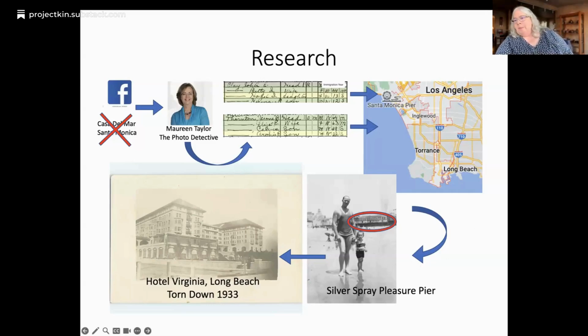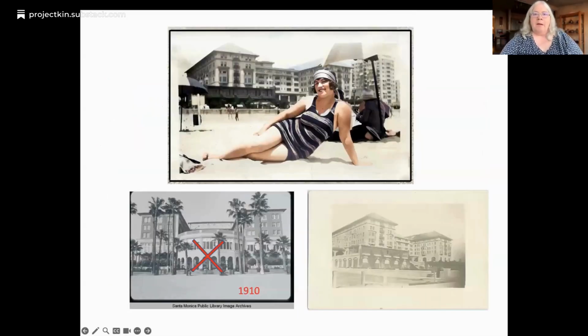So on the top is the Bathing Beauty picture and the Mystery Hotel. On the right is the old postcard that I found. That is indeed where the photo was taken. And I also solved the mystery of why my dad didn't know. It's because that hotel was torn down after the Long Beach earthquake in 1933.